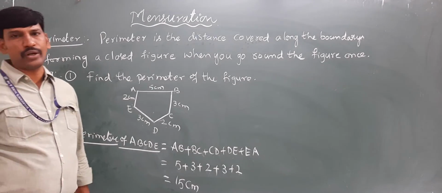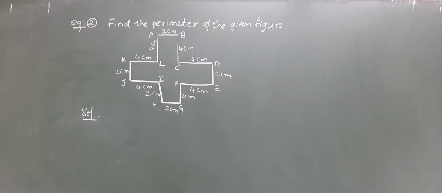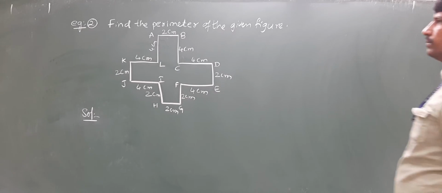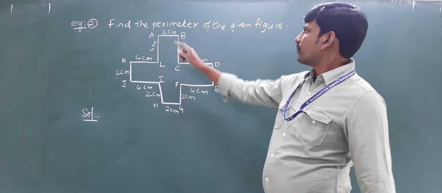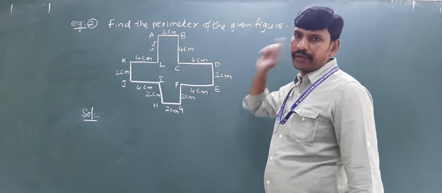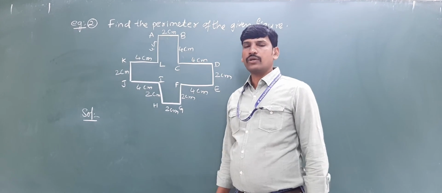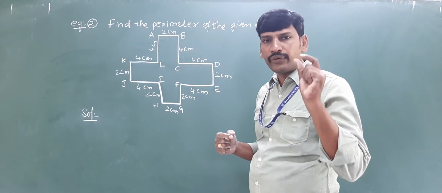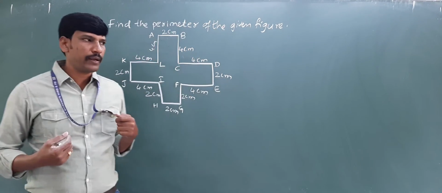Let us discuss one more example. Now, children, see this here. There is a figure here. Find the perimeter of the given figure. How to find the perimeter of this figure? Generally, just keep in mind a simple definition of a perimeter. What is the simple definition of a perimeter?